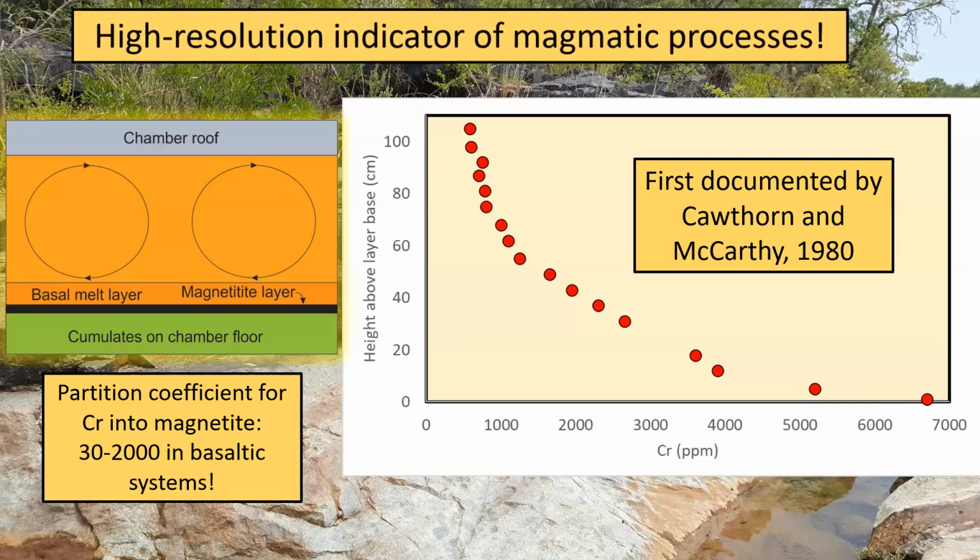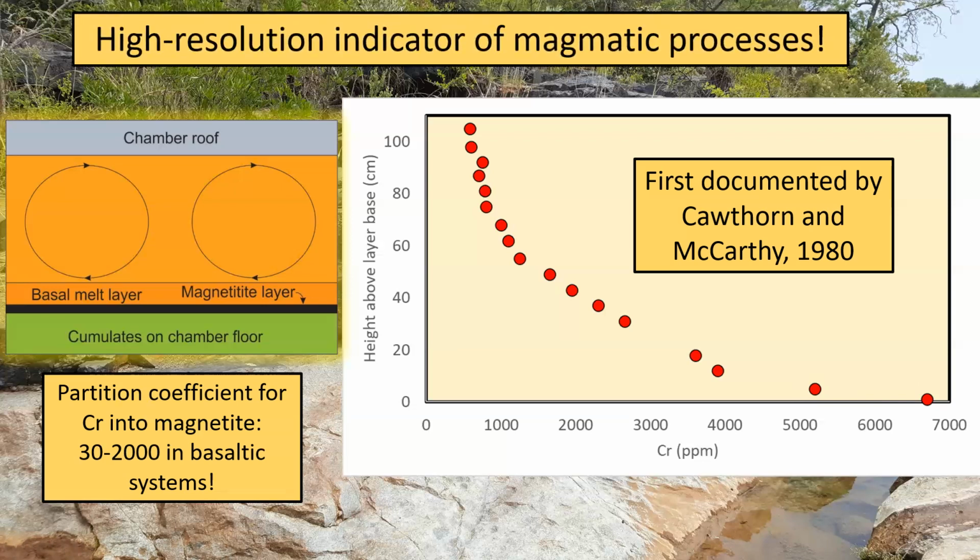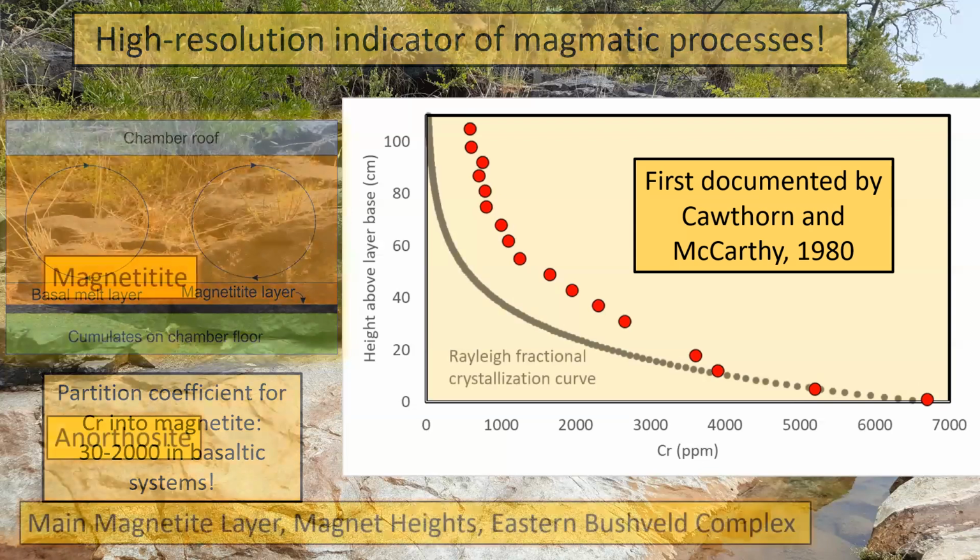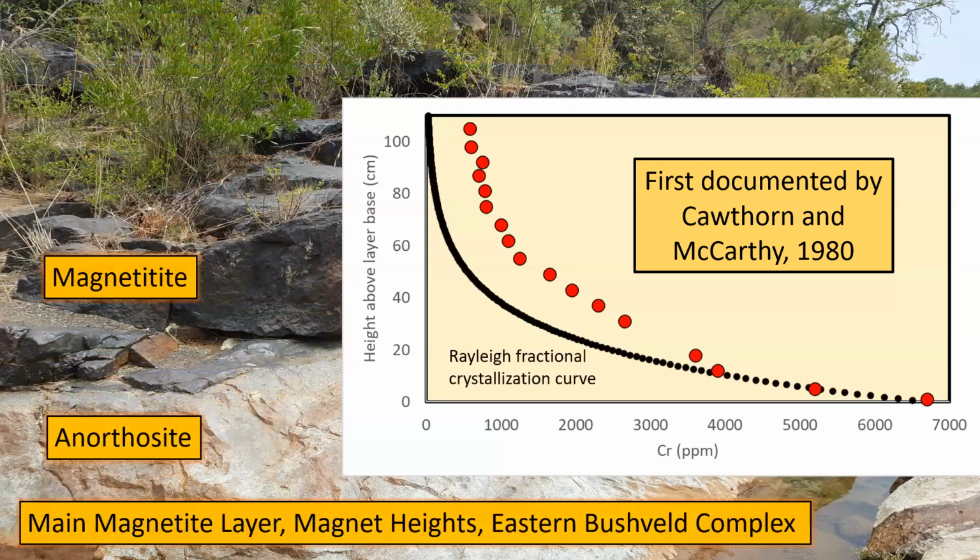Anyway, Cawthorne and McCarthy probably found the first high-resolution indicator of magmatic processes. I think it's a really remarkable discovery. Unfortunately, for the next 40 years or so, it's been largely neglected. But anyway, the next thing that Cawthorne and McCarthy did is they tried to model this upwards depletion of chromium with simple Rayleigh-style fractional crystallization.